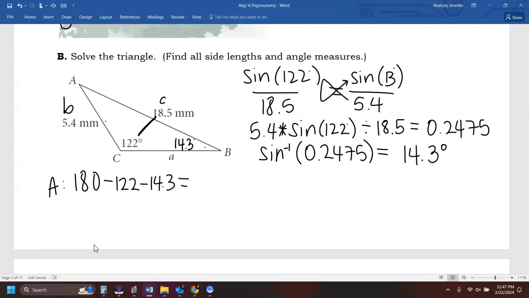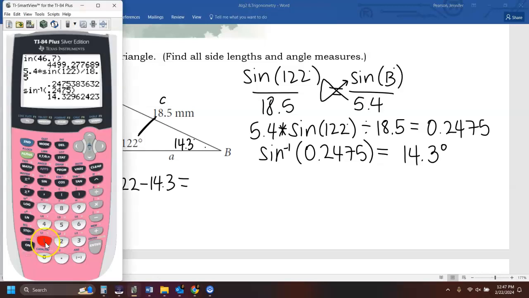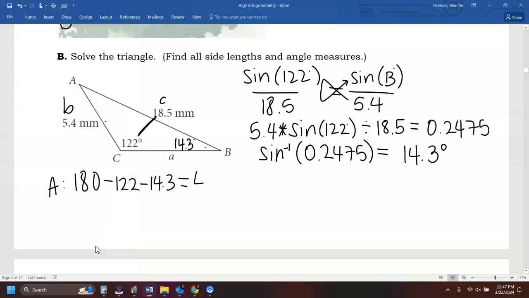If we subtract the 2 we know from 180, whatever's left over will be the answer for capital A. So that tells me that the angle for capital A is 43.7 degrees.